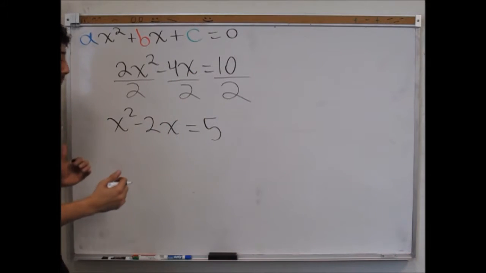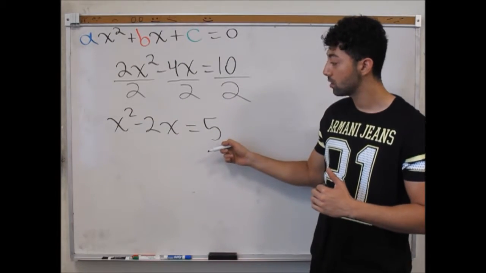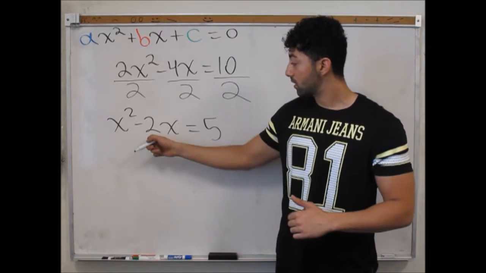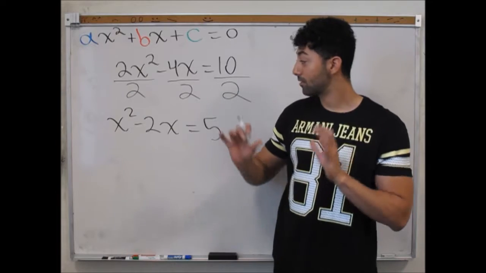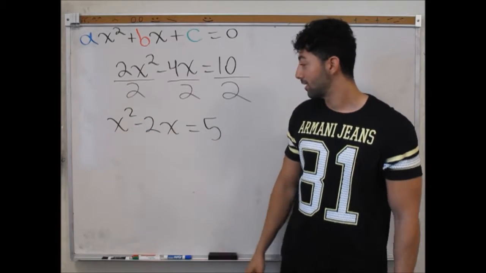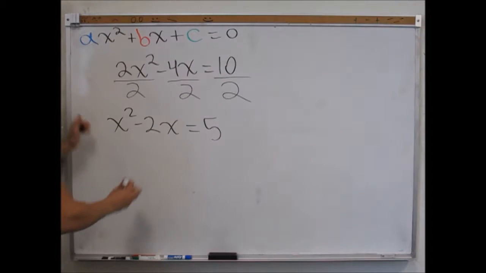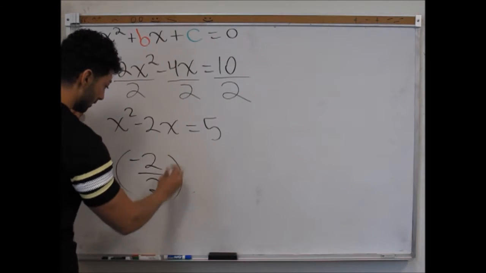Now our second step was to subtract the constant over, which was c, but they already did that for us. So then we move on to the third step. Take b, which is -2, divide it by 2 and square it, and then add it to both sides of the equation. I know that sounds like a lot, but it's really not that bad. So our b is -2, divide it by 2, and then we square it.